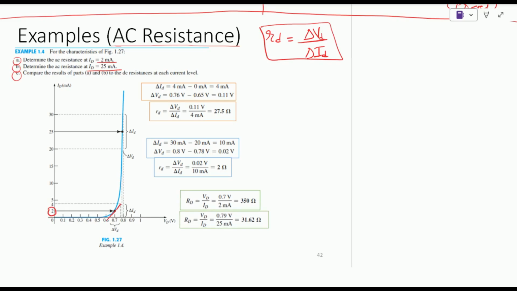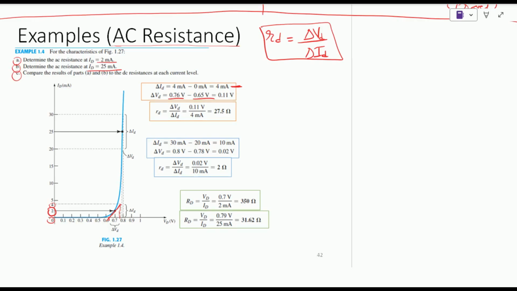With the tangential line drawn, we can see that the minimum and maximum values of current on the vertical axis are 4 milliamps and 0. So the value of delta Id is the difference of higher minus lower current, which comes out to be 4 milliamps. Similarly, if we draw the vertical lines towards the voltage, we find that the difference in voltage is 0.76 minus 0.65.